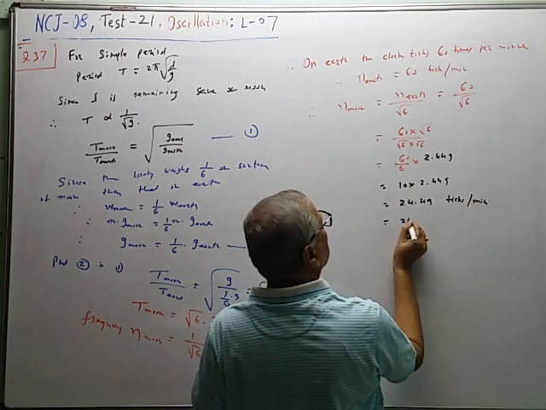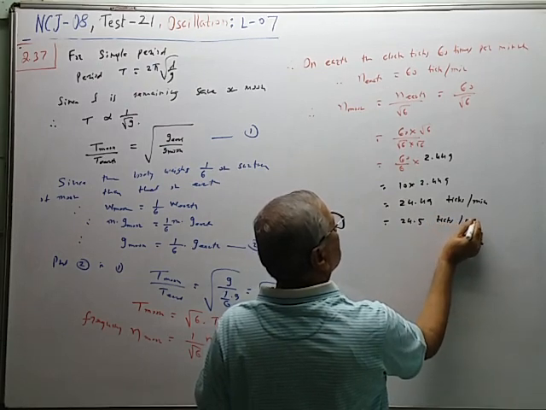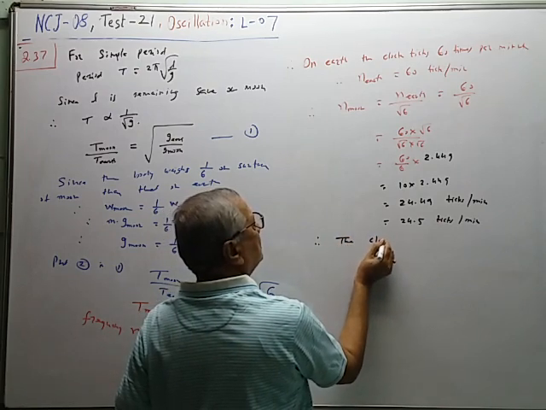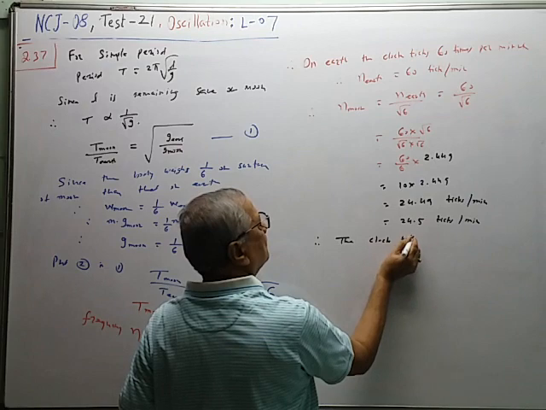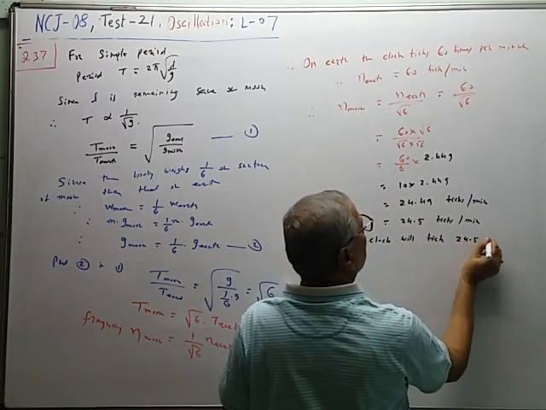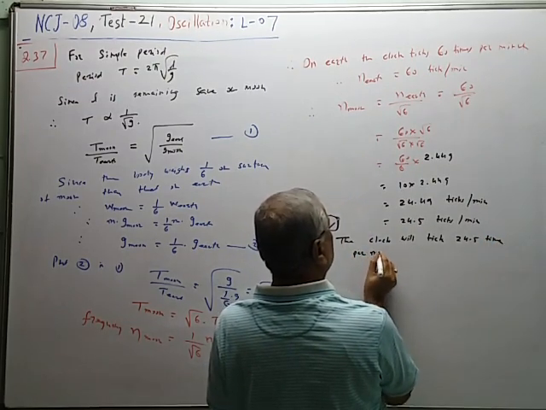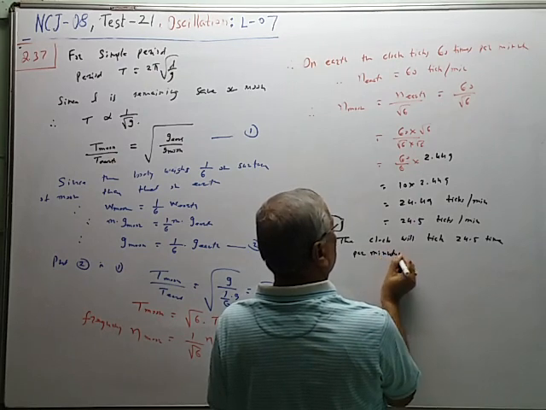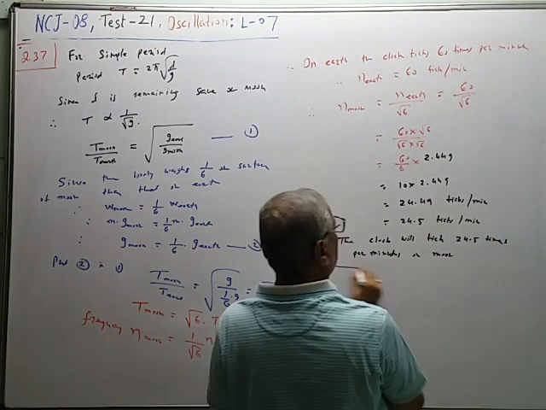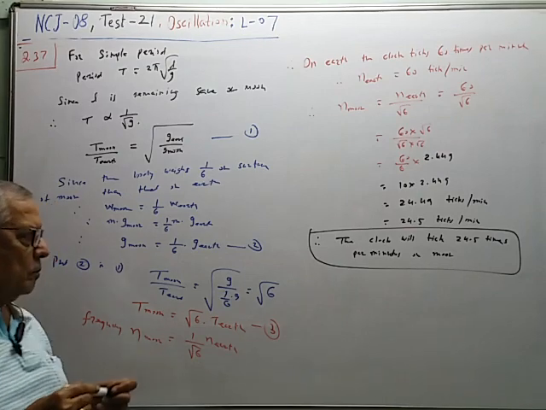So that is nearly 24.5 ticks per minute. Therefore, the clock will tick 24.5 times per minute on moon.